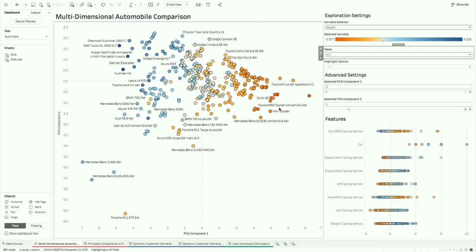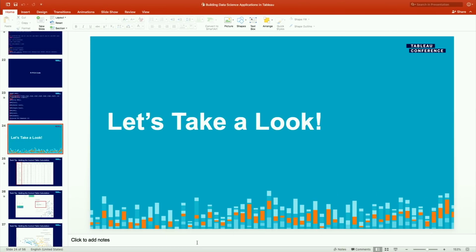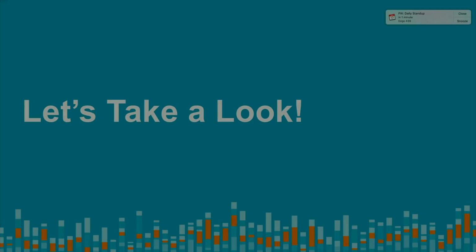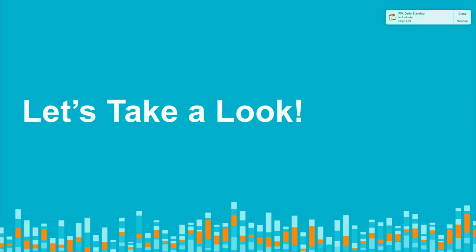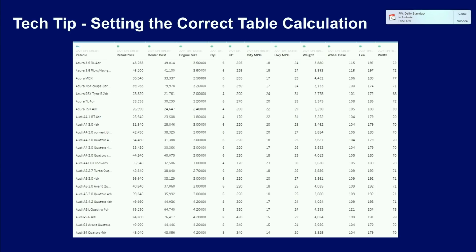And you can imagine if I had different managers who each owned, say, hundreds or even thousands of different customers, they could filter this dashboard to just their appropriate customers and use that as a tool to find outliers, find groups, and really dive in and start to explore. So that was our first use case.